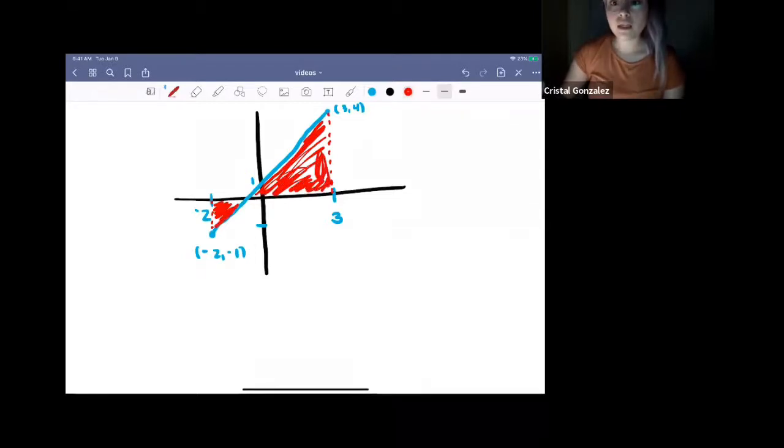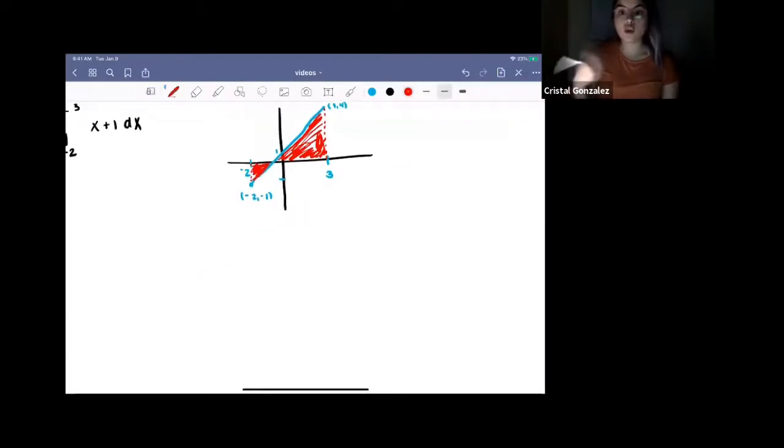And notice here we actually just have 2 triangles, so we actually didn't need to go about it using our Riemann sums or our definition formula. We could have just drawn the picture. So whenever you know the shape of your graph, drawing the picture can actually be helpful.